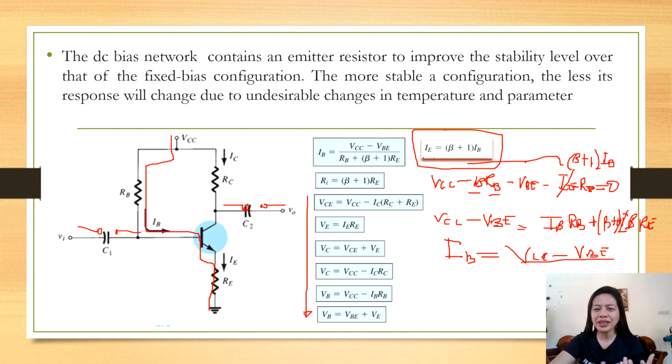You can already imagine how I did it. So isolating the IB, we have RB plus beta plus 1, then the RE, because we already isolated the IB, right? So that's it. Can you see that?